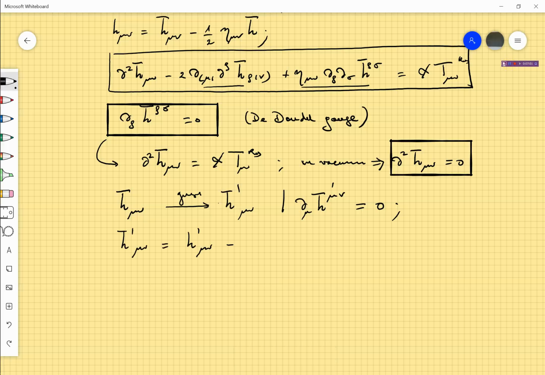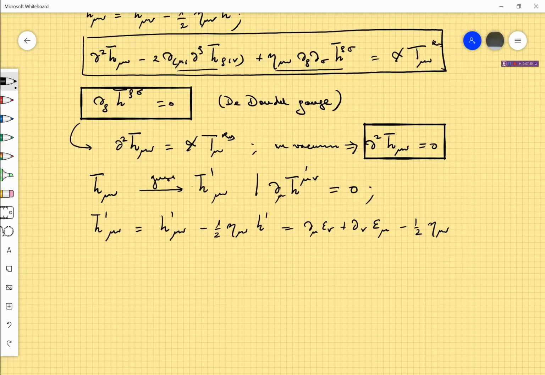Since we have defined this gauge transformation in terms of the variable with no bar, I rewrite h bar in terms of h. So this is just eta mu nu and h prime, and then as we said, this is just partial mu epsilon nu plus partial nu epsilon mu minus a half eta mu nu and then there is a factor of 2 and partial alpha epsilon alpha for the trace.